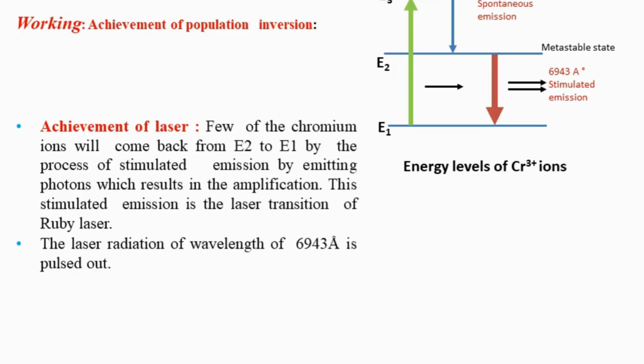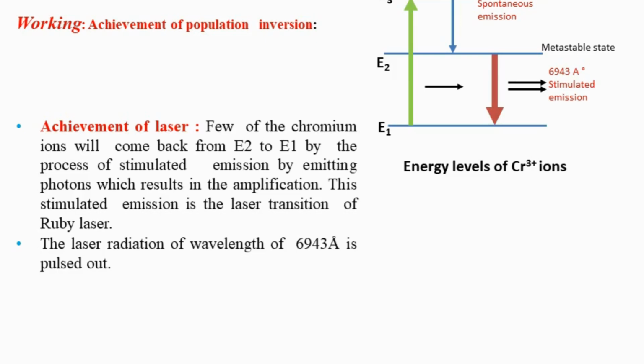The chromium ions, after staying for 10 to the power minus 8 seconds in the excited state, get transferred to the metastable state, because the lifetime of the chromium ions in the excited state is only 10 to the power minus 8 seconds.